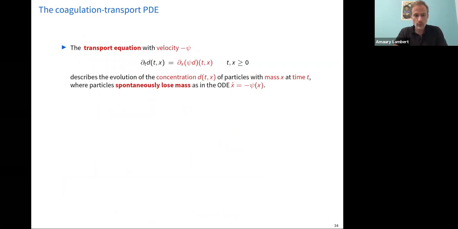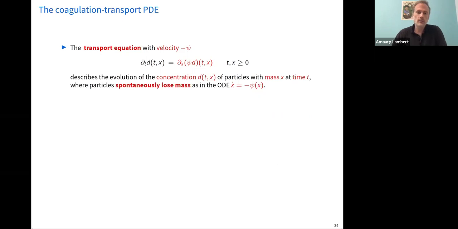So let me first introduce the transport equation with velocity minus psi. It's the partial derivative of d with respect to t equal to the partial derivative with respect to x of psi times d, where d is the unknown.